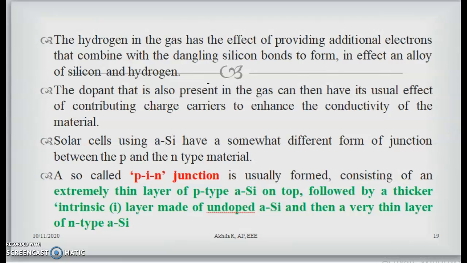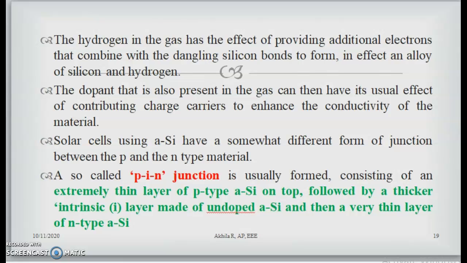The dopant, which we said is boron, also present in the gas, can have its usual effect of contributing charge carriers to enhance the conductivity of the material.